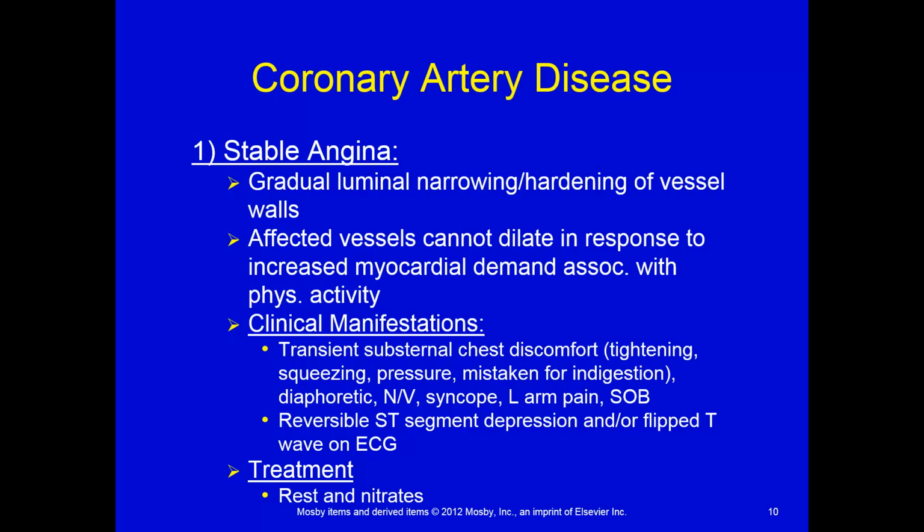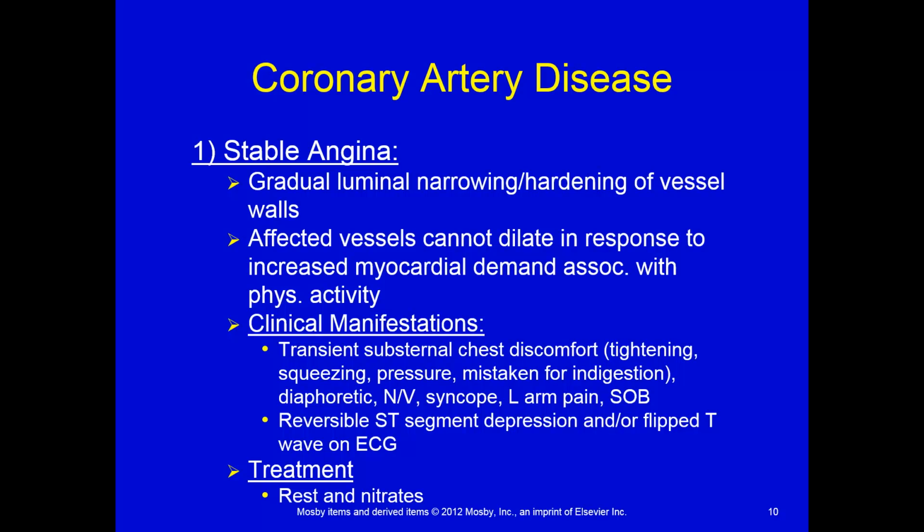stable angina. So this is defined as the gradual narrowing of the lumen of the artery and hardening of the vessel walls, of the coronary artery vessels specifically. Affected vessels cannot dilate in response to increased myocardial oxygen needs, right?